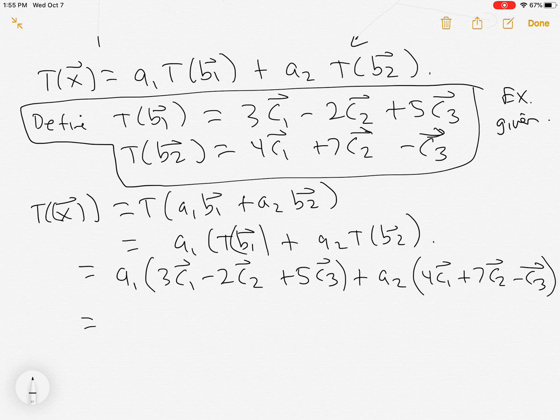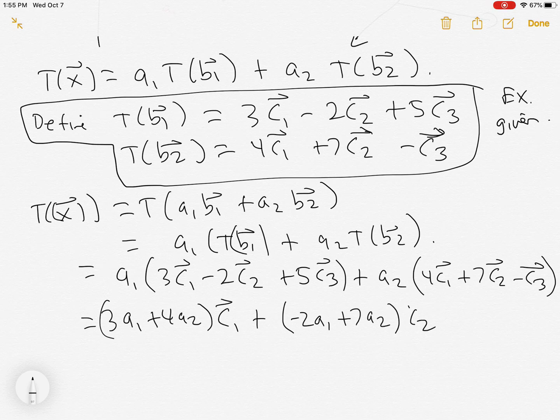We have (3a1 plus 4a2) c1 plus (minus 2a1 plus 7a2) c2 plus (5a1 minus a2) c3.